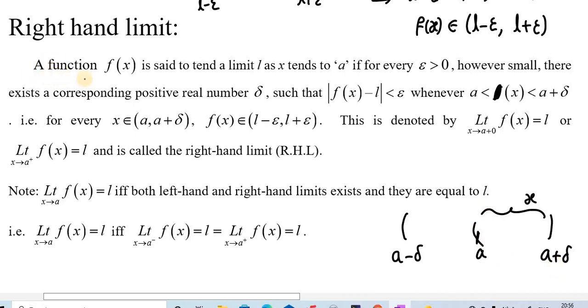So listen, a function f of x is said to tend to L as x tends to a if for every epsilon greater than 0. Here also epsilon is a positive quantity and it is a very small positive quantity.